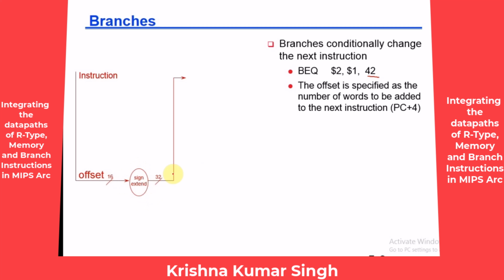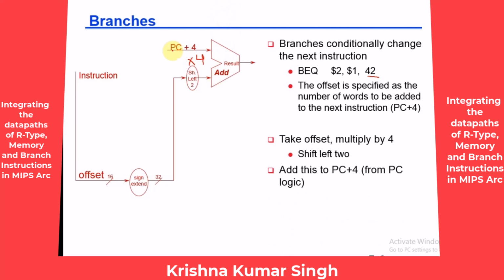OK. So if this is the instruction, some part of the instruction specifies this number. We will first extend it into 32 bits and then we will shift this number 2 times to the left.